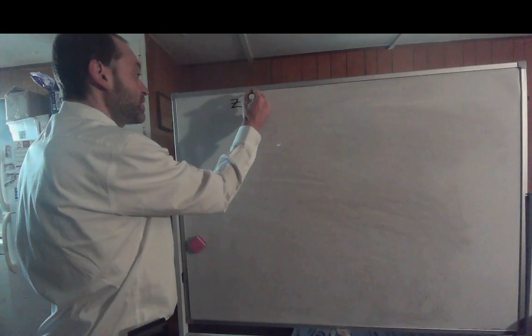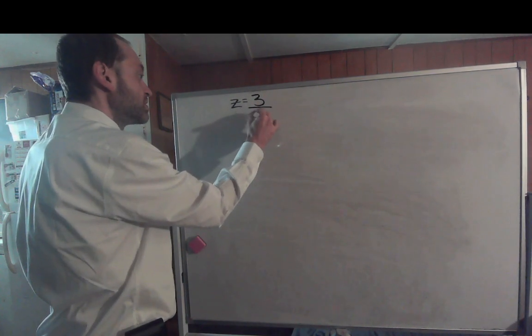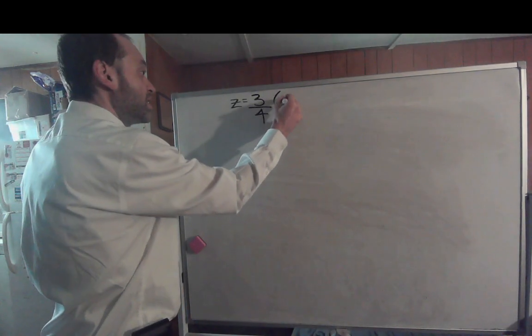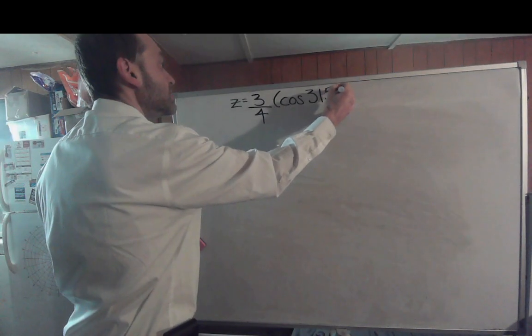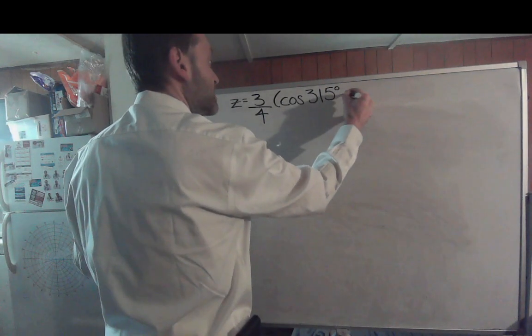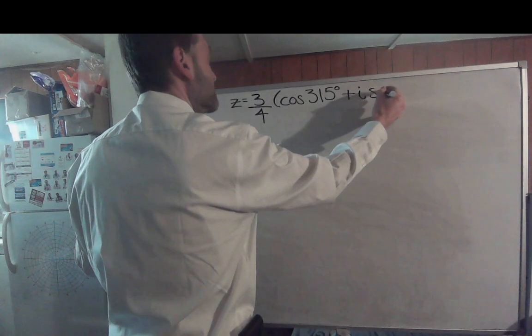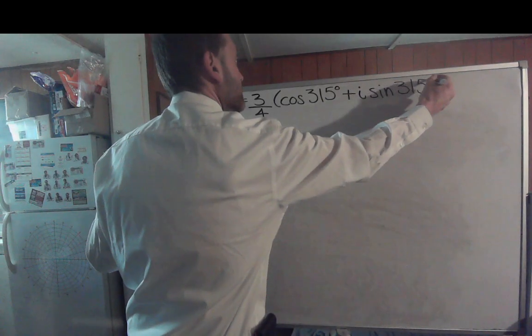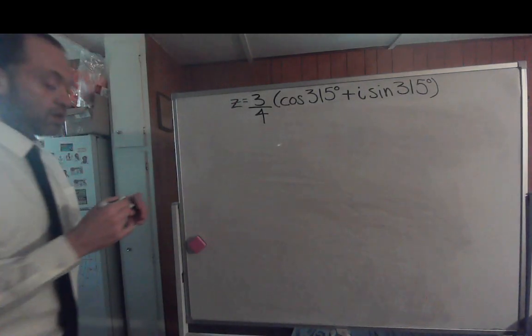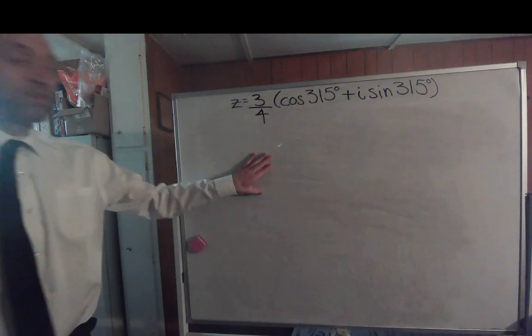Let's see. 3/4 times the quantity of the cosine of 315 degrees plus i times the sine of 315 degrees. Alright, so we're given the trigonometric form of a complex number.